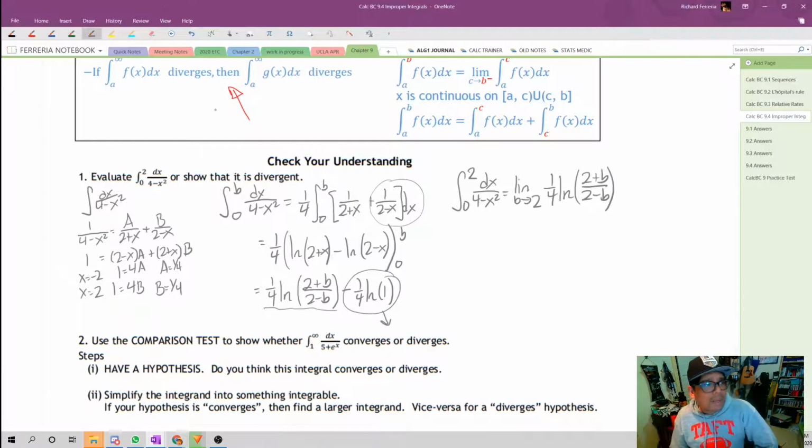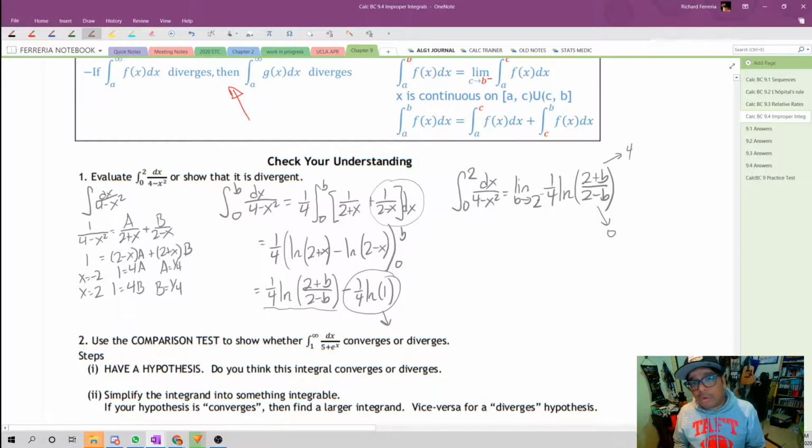As b approaches 2, the numerator clearly goes to 4, but the denominator is going to go to 0. Now 4 over something that goes to 0 is going to reach positive or negative infinity. In this case, it's going to reach positive infinity since our values are going to be less than 2.